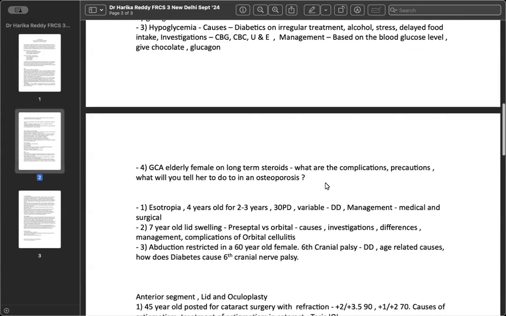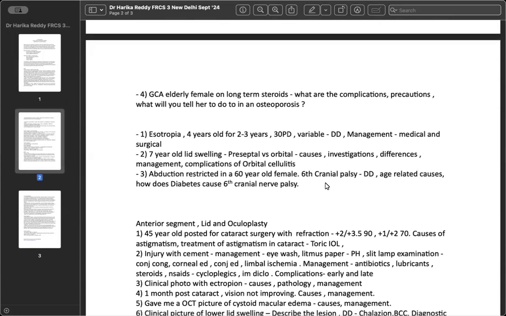Then I moved on to the neuro-motility. So my first case was esotropia. I think they gave me pictures of a child with esotropic gaze.